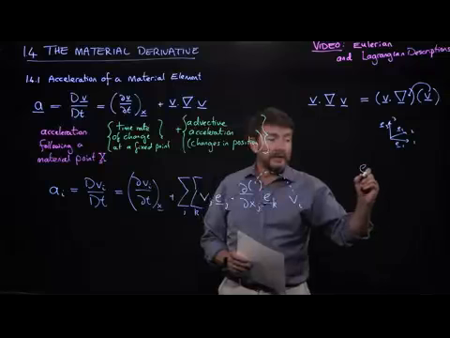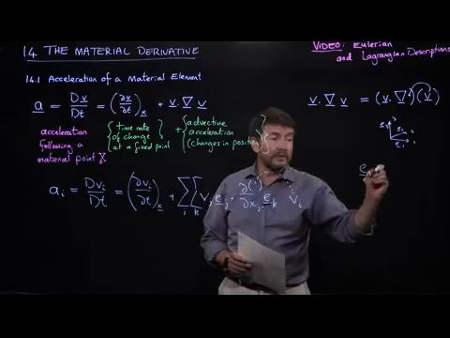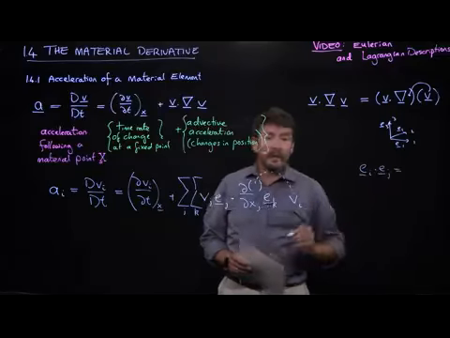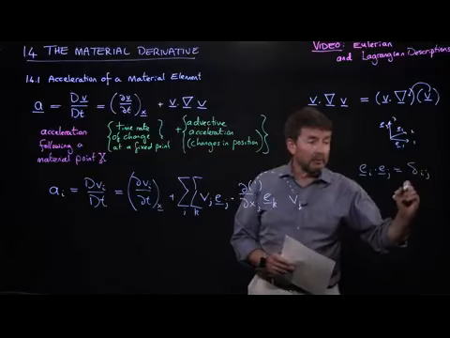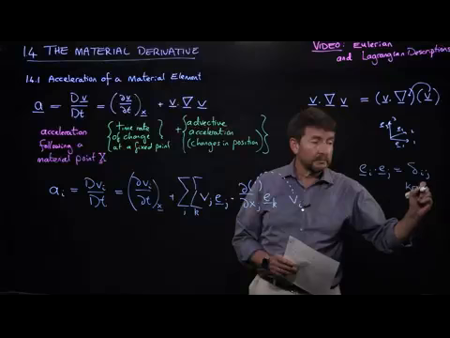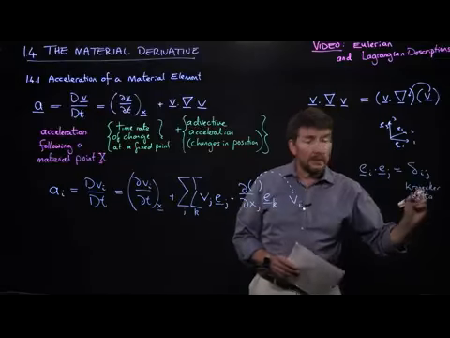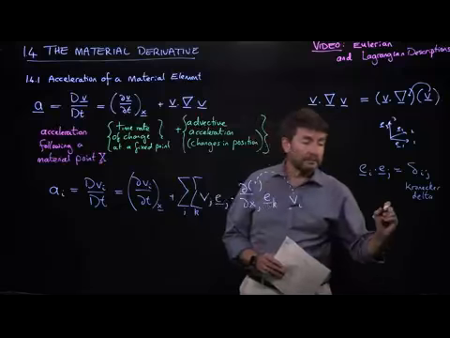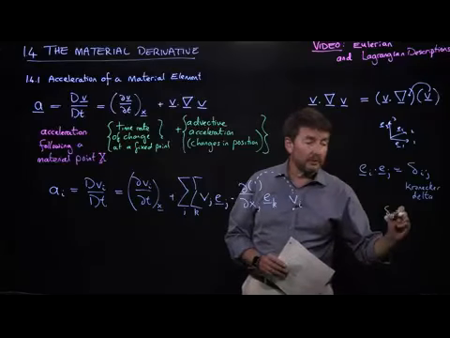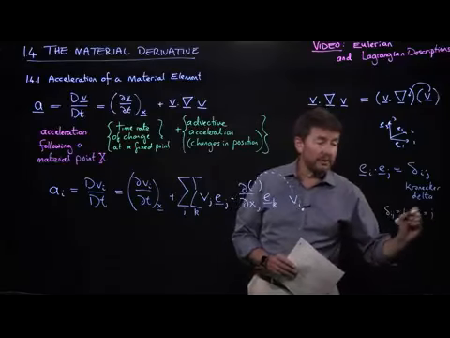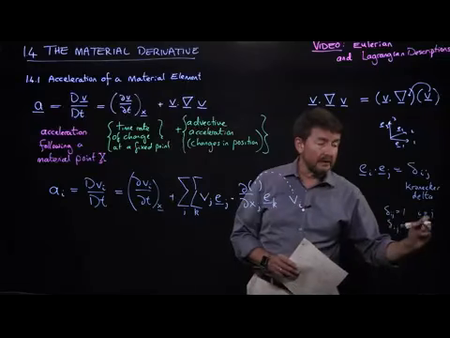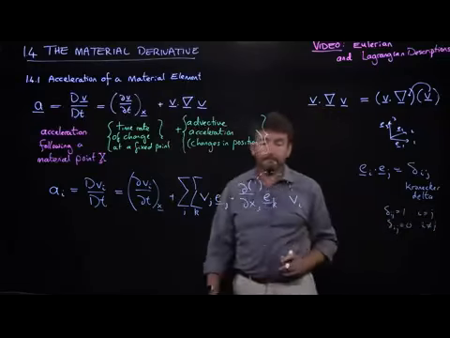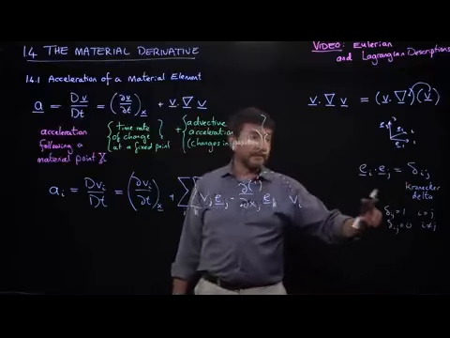Then we would say that e_i dotted into e_j is going to be expressed in terms of the Kronecker delta. So delta_ij is equal to 1 if i is equal to j, and delta_ij is equal to 0 if i is not equal to j. So in this case, this is a standard identity.